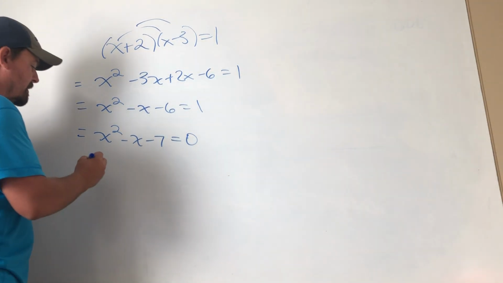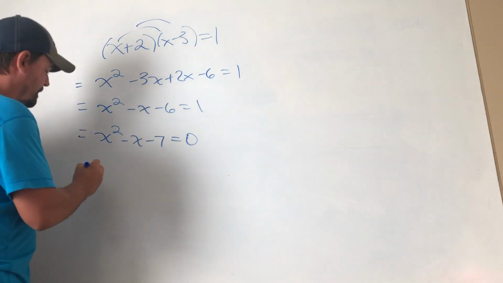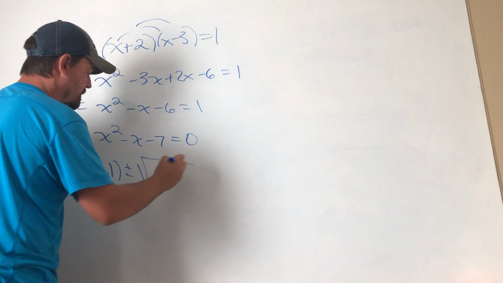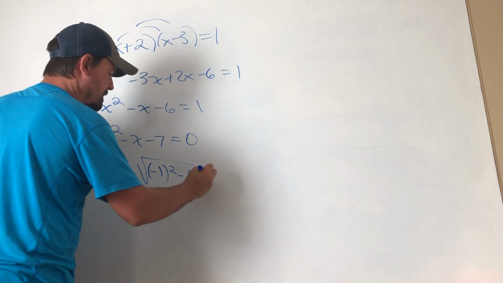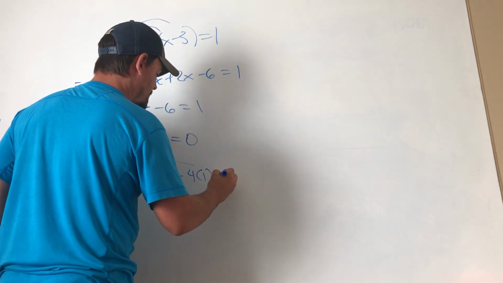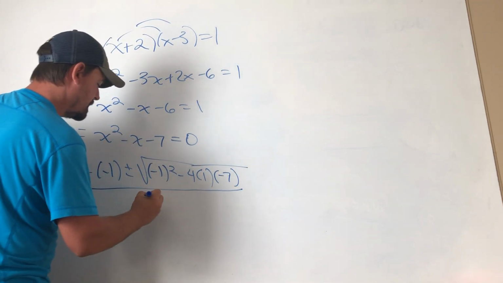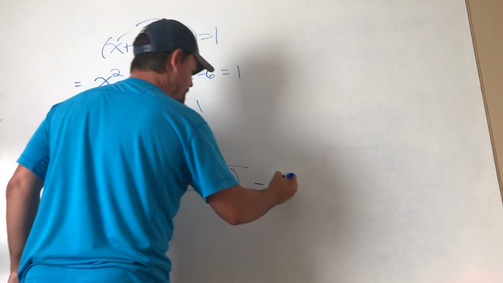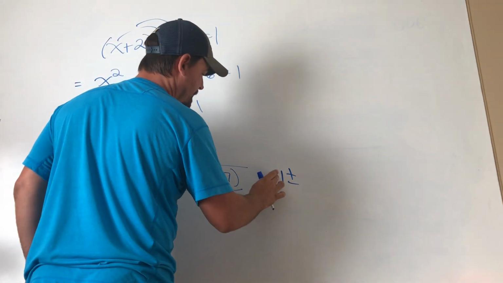So I'm going to go ahead and use the quadratic formula here. Okay, so we're looking at negative b, negative 1, plus or minus square root b squared, so negative 1 squared, minus 4 times a, which is 1, times c, which is negative 7, all over 2 times that a, which is 1 here. So I get negative 1 plus or minus, nope, it's positive 1 because that negative cancels that out.